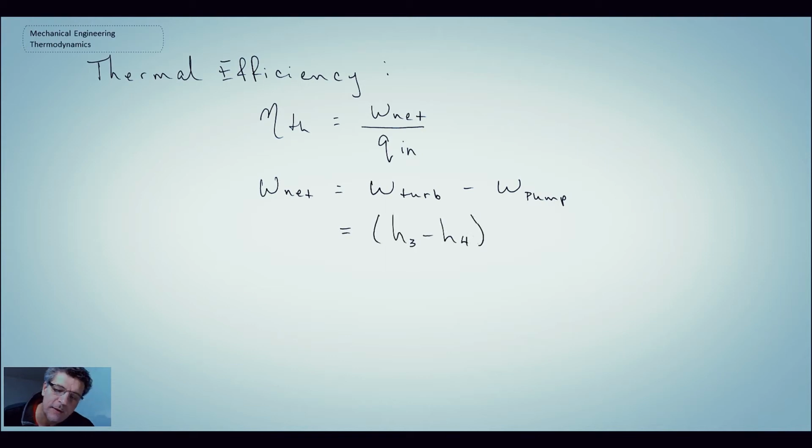Now, applying the first law for a steady flow device with no heat transfer to the turbine and no kinetic or potential energy, that turns out to be just H3 minus H4. And then similarly for the pump, that is H2 minus H1.